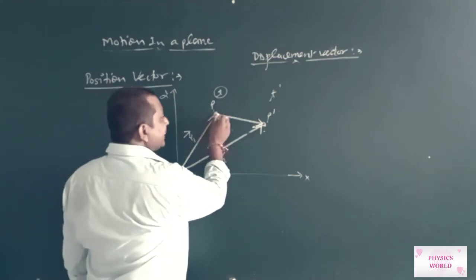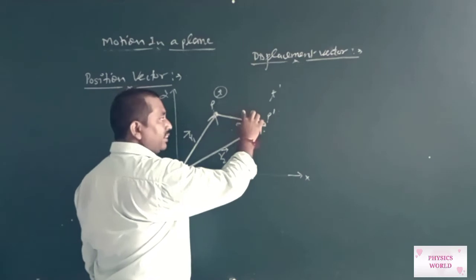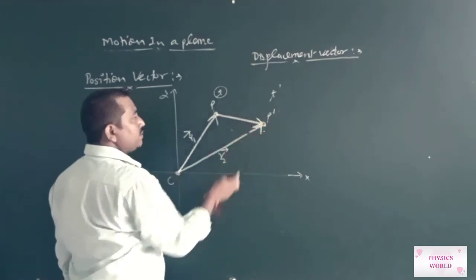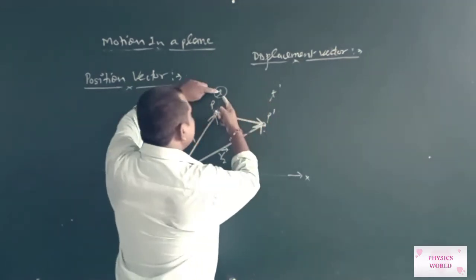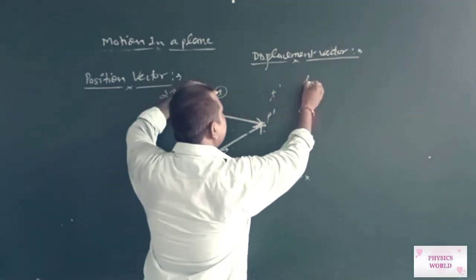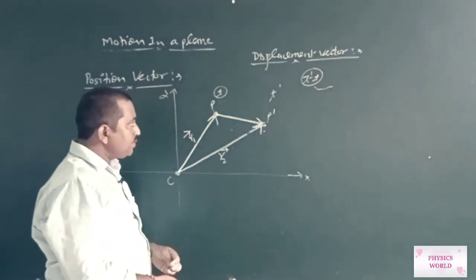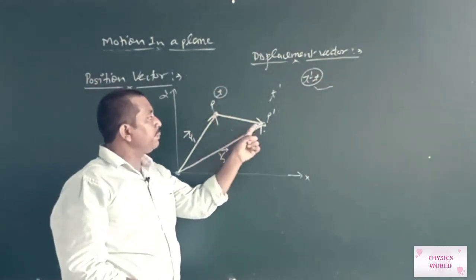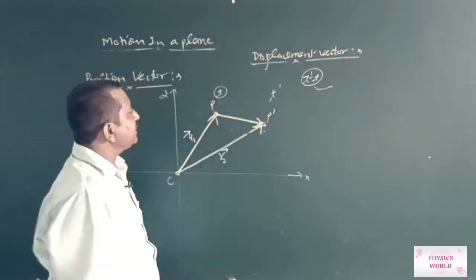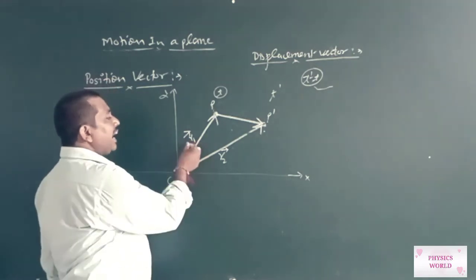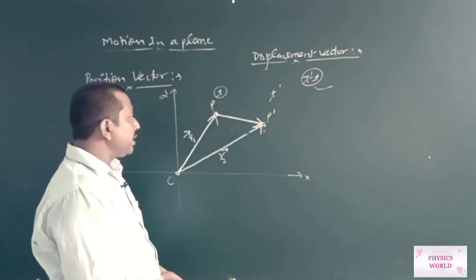So this straight line with direction provides the displacement vector created by that object in time T dash minus T seconds. This vector PP dash can be obtained in terms of R1 and R2 by simple vector algebra.